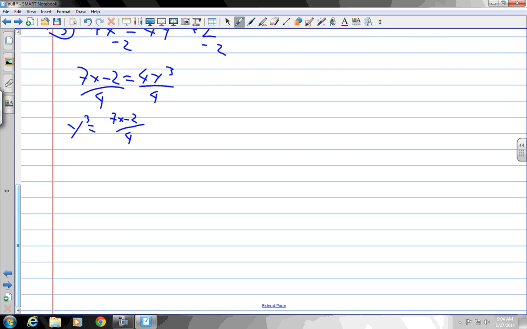And finally, y equals the cube root of 7x minus 2 over 4. So we're done. This is the inverse.